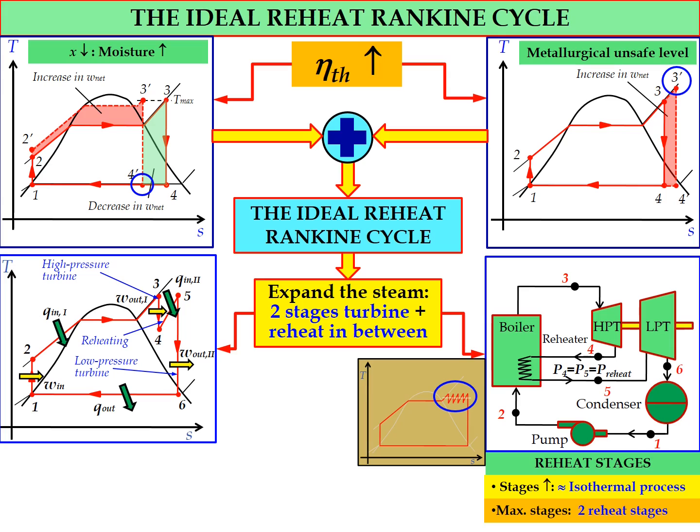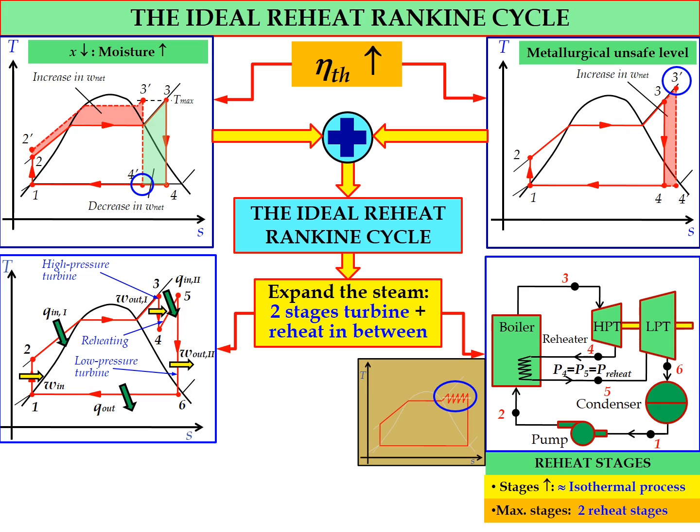State number 5, normally after the reheating process, the phase will be superheated vapor. And then state number 6, we need to check the phase, so it may be superheated or maybe saturated mixture. Okay, so that's the condition in terms of the TS diagram for the ideal reheat Rankine cycle.